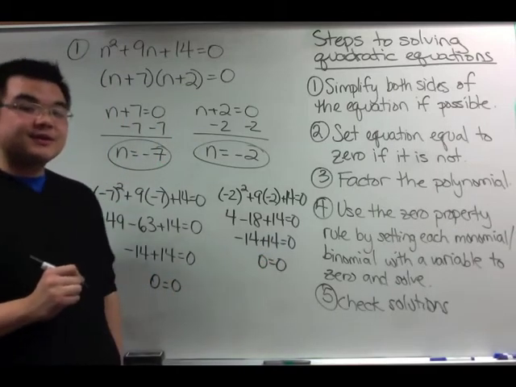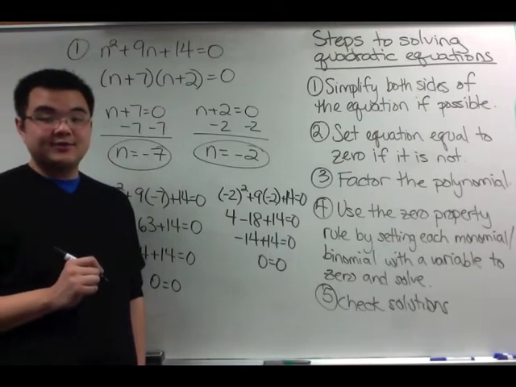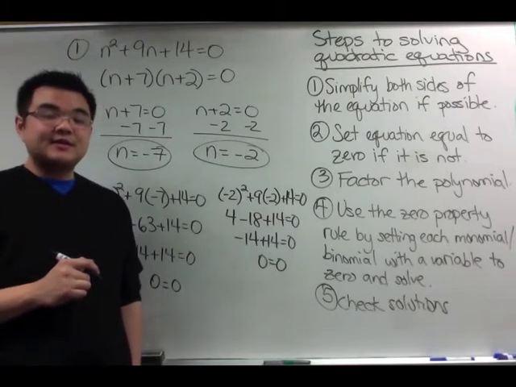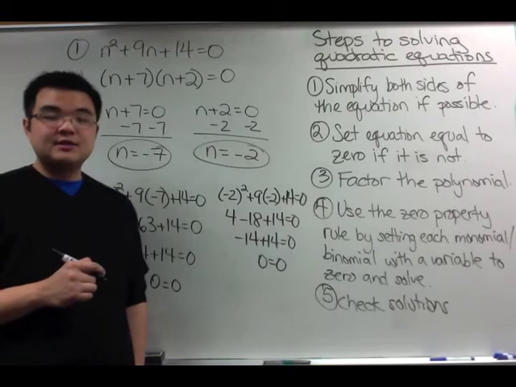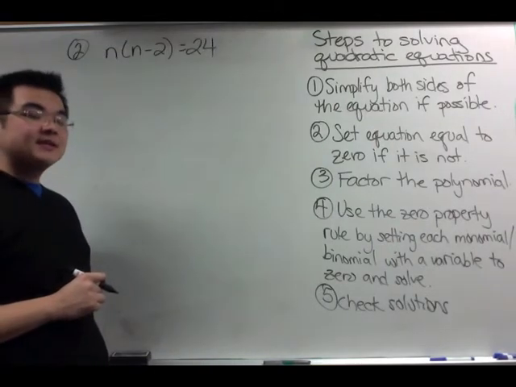Since 0 is equal to 0, we know that n is equal to -2 is also a solution to this quadratic equation. For the rest of the examples that will be shown in today's video lesson, we will not be showing the check work, but it is encouraged that you check all your solutions each time you solve a quadratic equation.